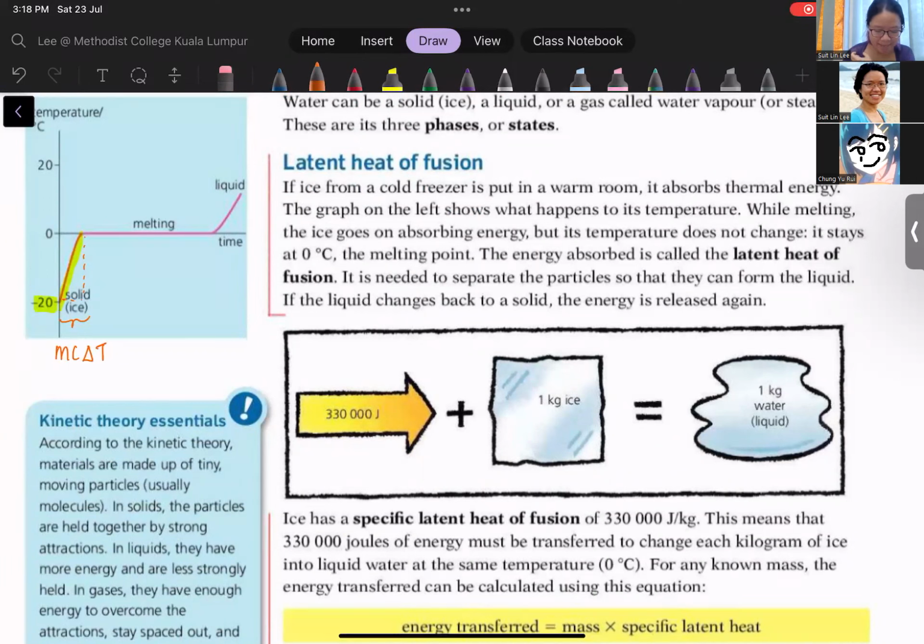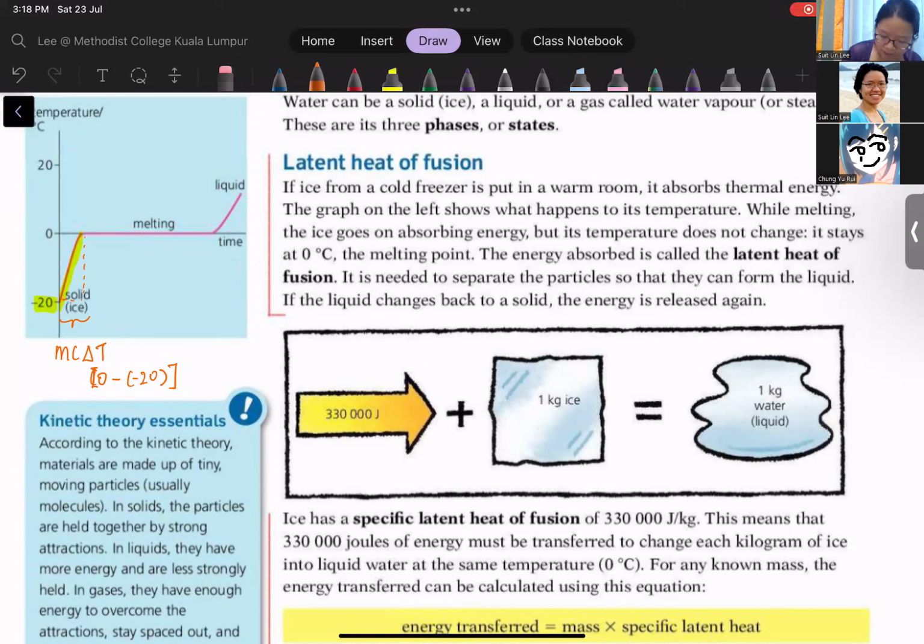I'm heating up the ice from -20 to 0, so 0 minus -20. If you want to be very particular about how you write, or you can just write 20 degrees. So here is mc delta T. And in fact, I can sub the value in if I know the specific heat of ice.